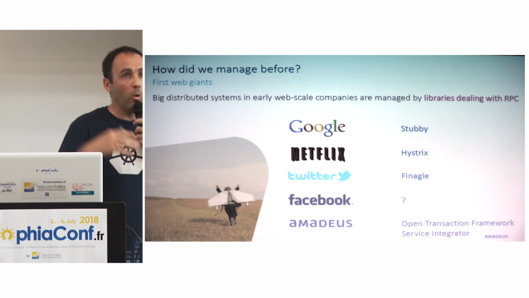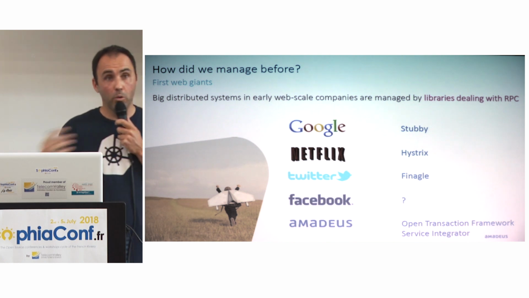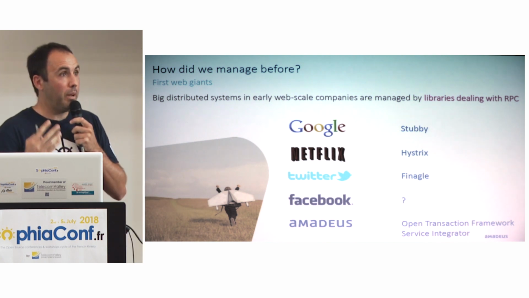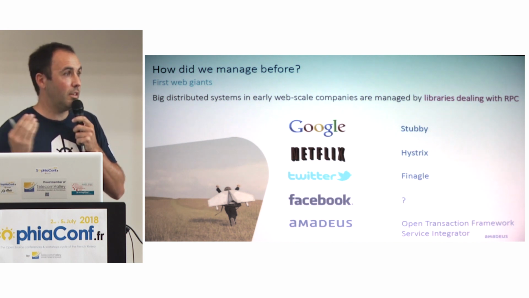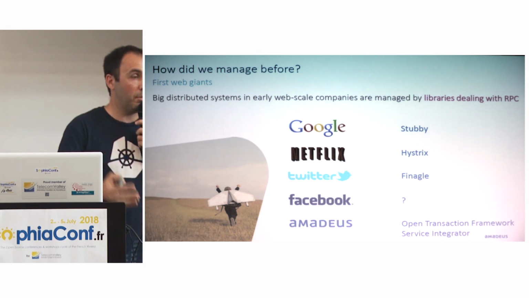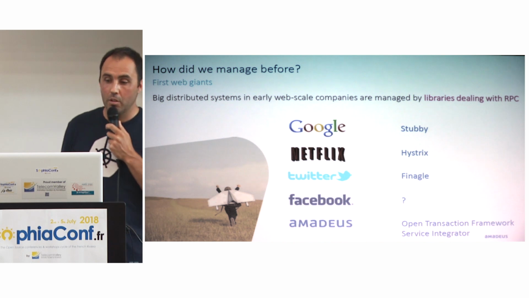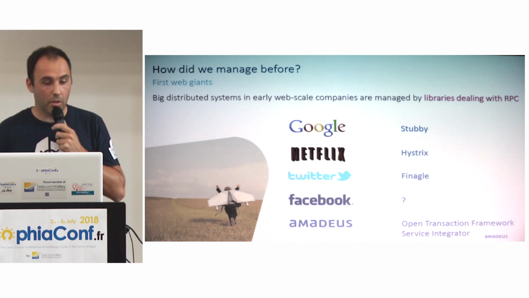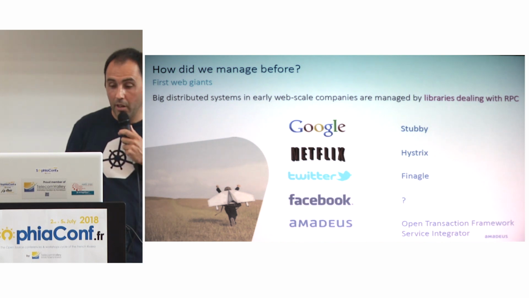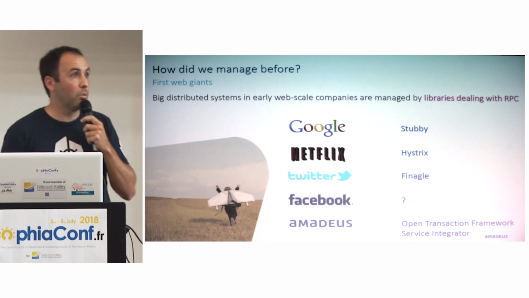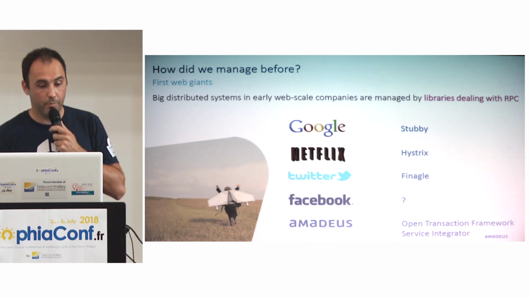But at that time, all these guys on their side were doing almost the same thing: building libraries that they link against in the application to deal with this problem. So Google, Netflix, Twitter, Facebook have their library. In Amadeus, we also created a piece of middleware to deal with this.